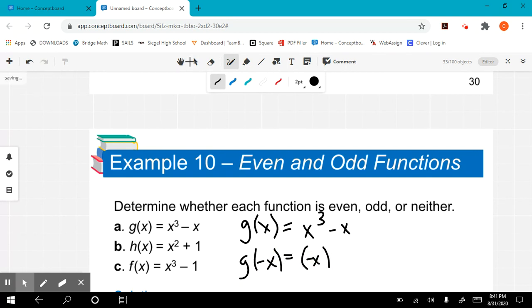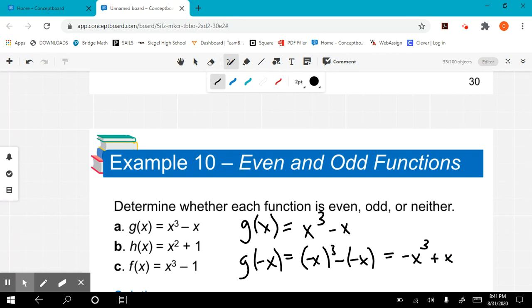So this would be negative x cubed minus negative x. All right. Well, what is negative x cubed? Well, that's like negative 1 cubed. Negative 1 times negative 1 times negative 1 is negative 1. So negative x cubed is negative x cubed. All right. And then minus negative makes that a positive x.